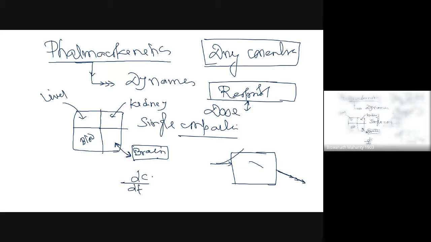There are many mechanistic views. Some people say that the drug concentration change is proportional to concentration. What does it mean? If more drug is there, the rate of loss will also be more. Very simple logic. Most of the time, people assume the change of drug concentration in your body compartment is proportional to how much is there.